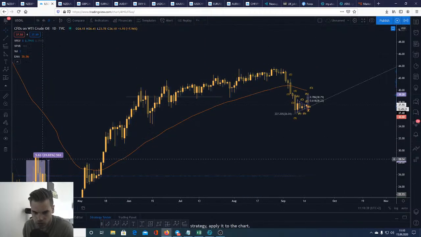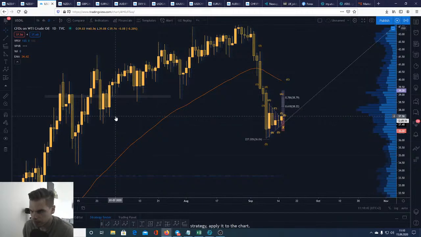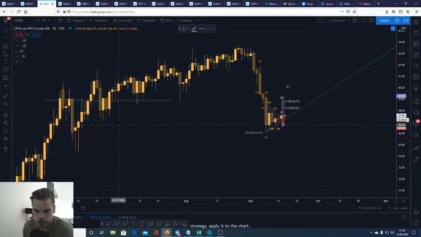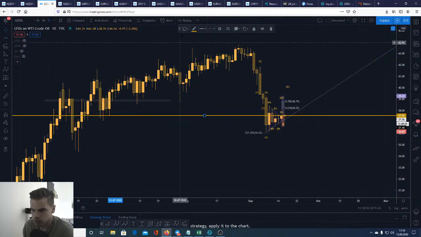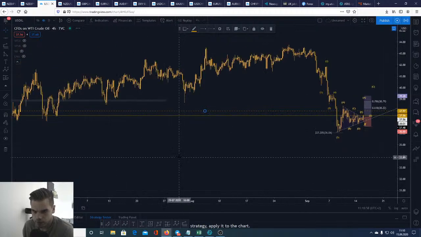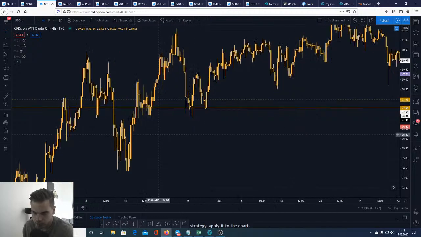Plus we see, oh wait, yeah, I would like to see a break above this resistance. Clean resistance area.